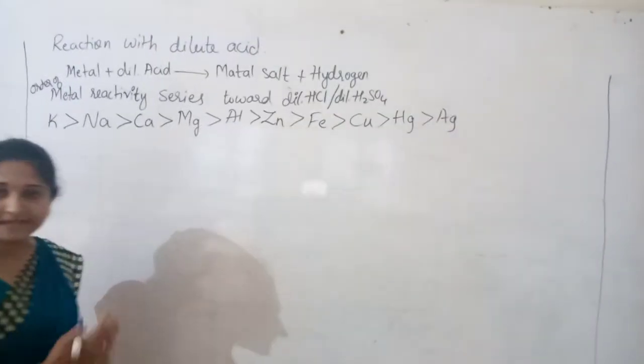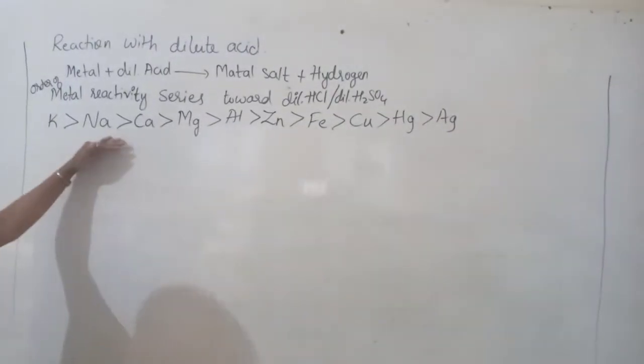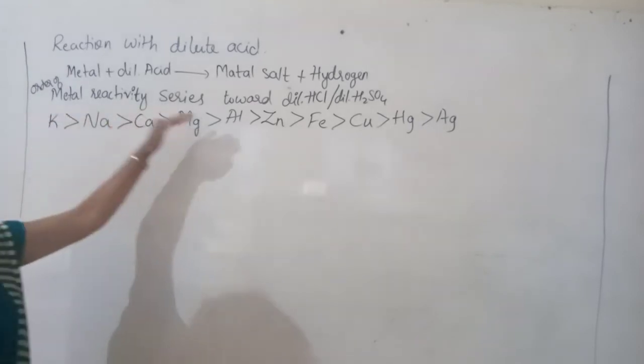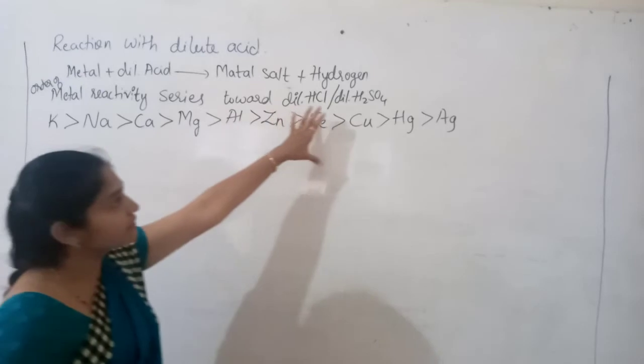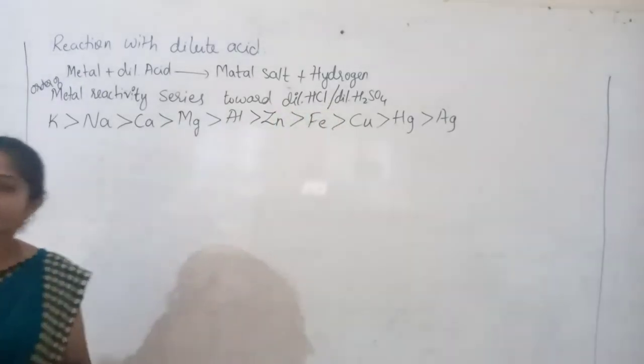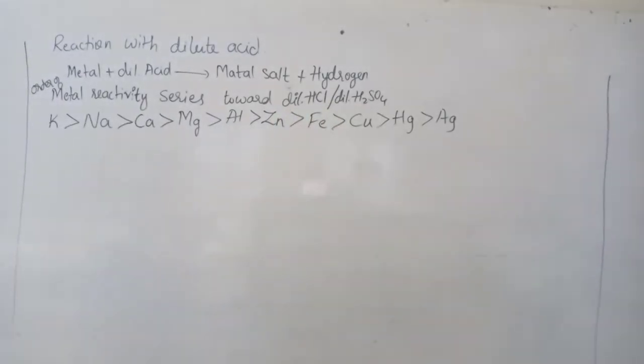It represents the reactivity series, the order of reactivity towards dilute hydrochloric acid or dilute sulfuric acid. Okay. Then next we'll move on to the reaction of metals with nitric acid.